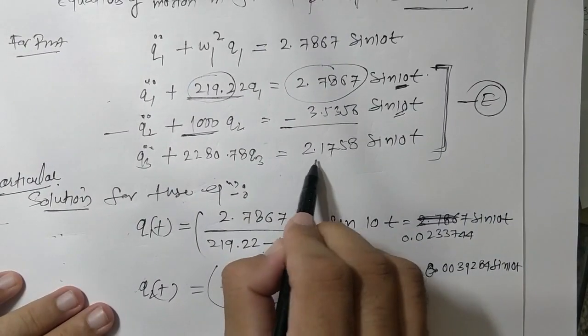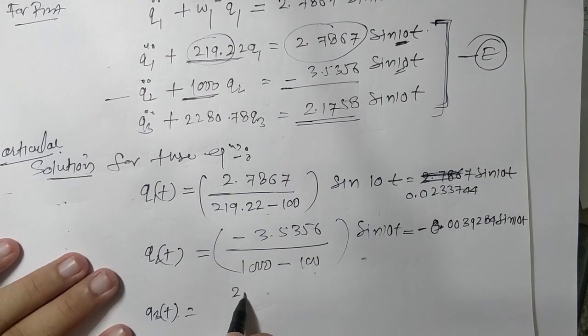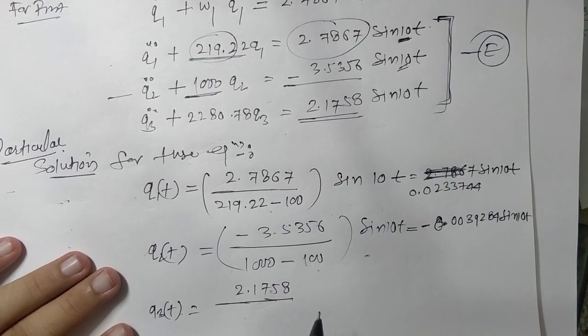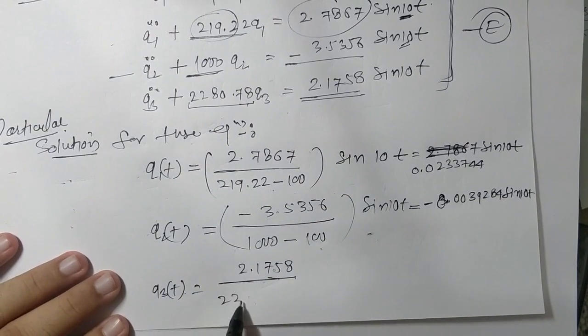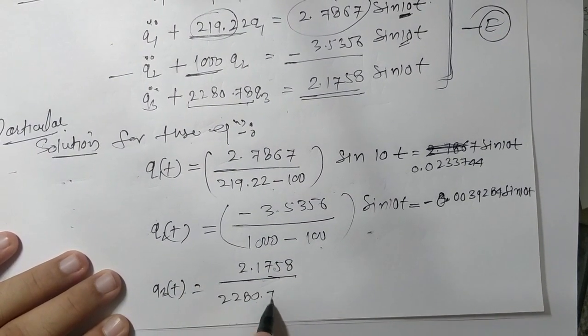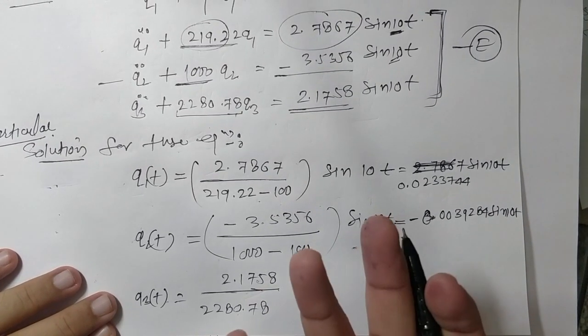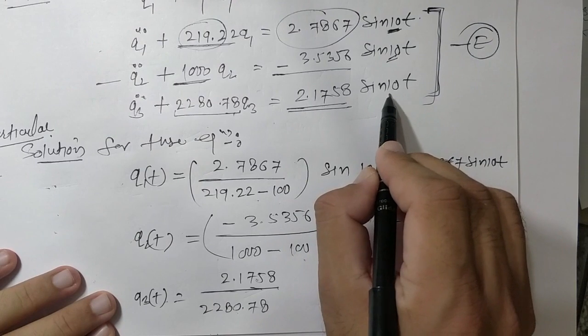And similarly q3(t) is, this is our amplitude of force, so this is 2.1758 over K3. K3 is omega 3 square, and omega 3 square is 2280.78, minus M3 omega square. M3 is 1 only and omega, the excitation frequency, is 10.